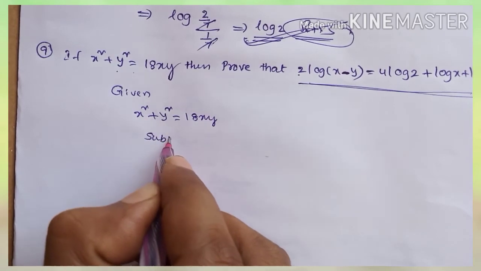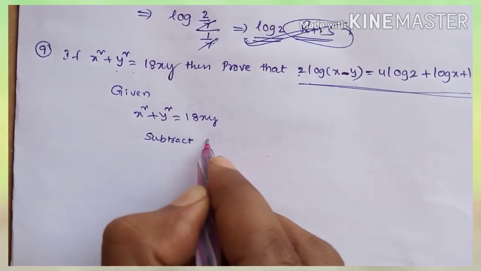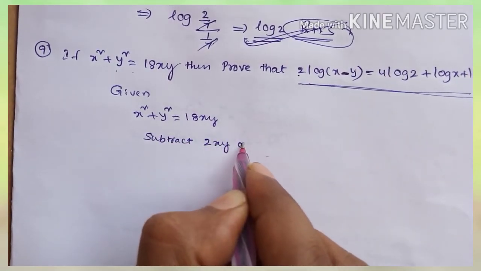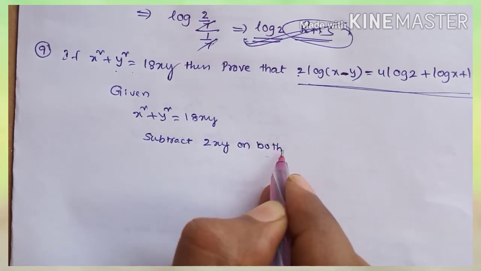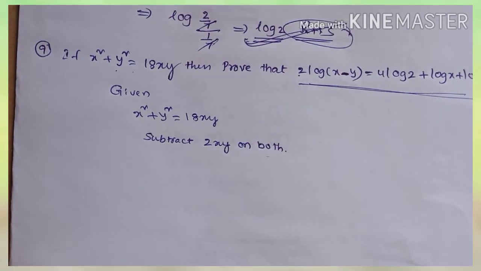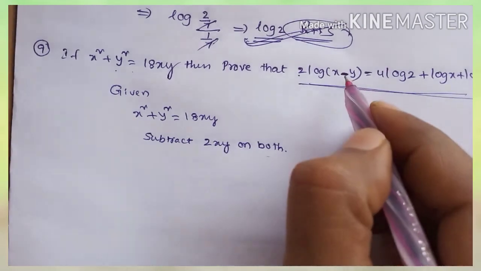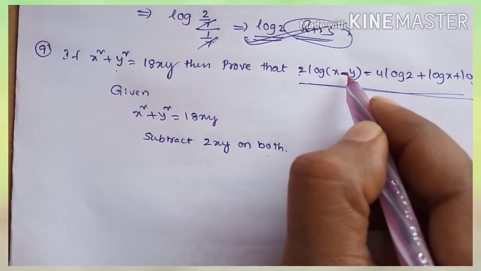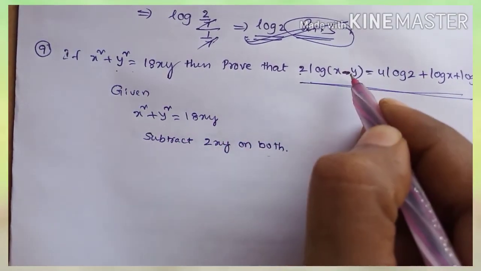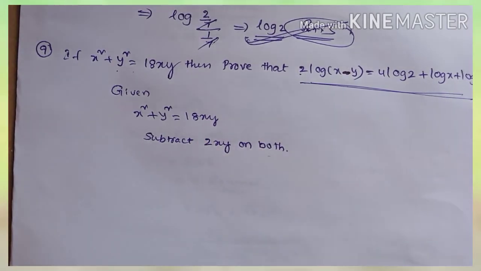In such a case you have to subtract 2xy on both sides. Here the requirement is negative, then you have to subtract. If it is plus, you have to add. That is a simple logic here.